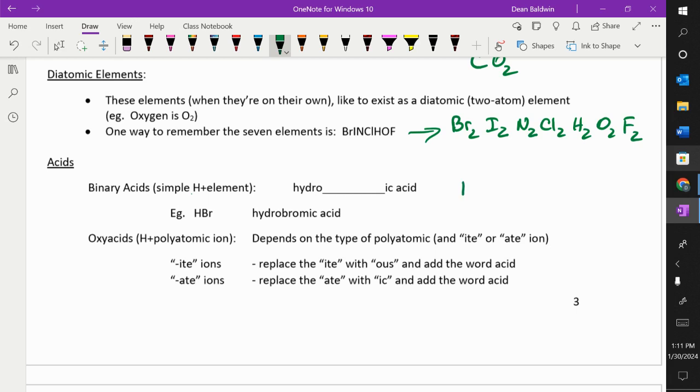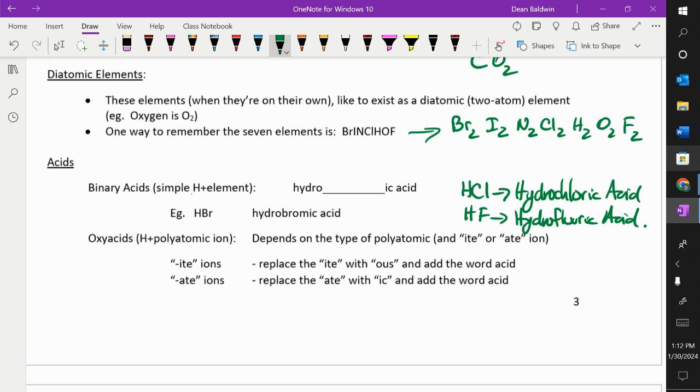Hydrobromic acid. What's HCl? Hydrochloric acid. What's HF? Hydrofluoric acid.